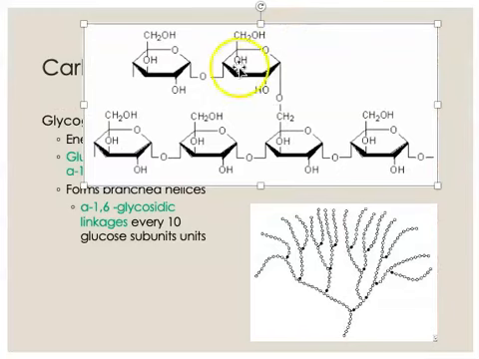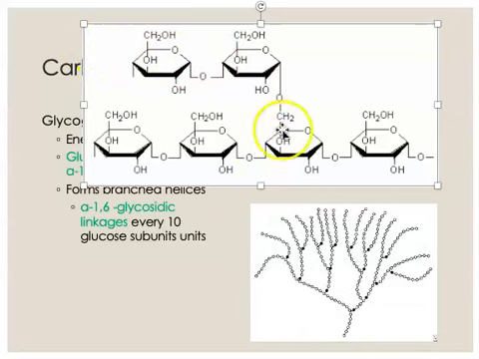you can see this. Here's a glucose molecule. Here's an alpha-1,4 glycosidic linkage. Here's another glucose, alpha-1,4. Here's another glucose, and so on. If we look at this glucose, we can see that there's a branch coming off of it with another chain of glucose molecules.